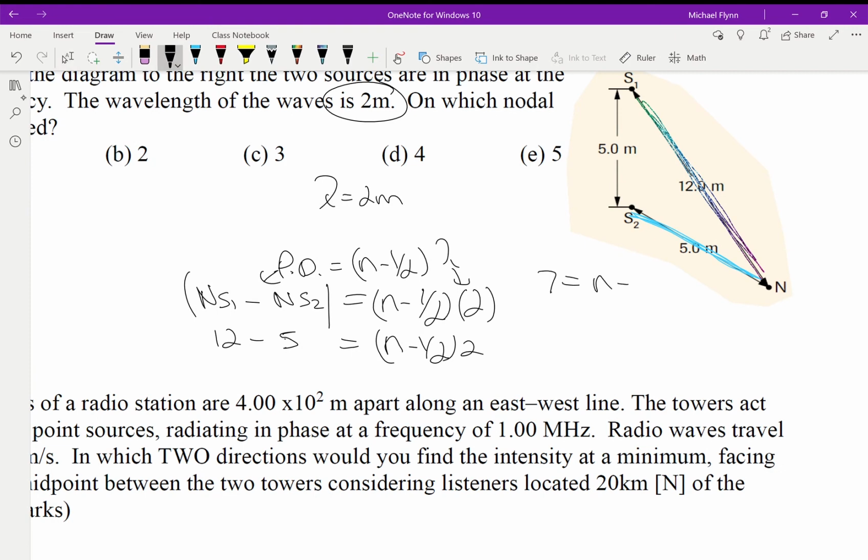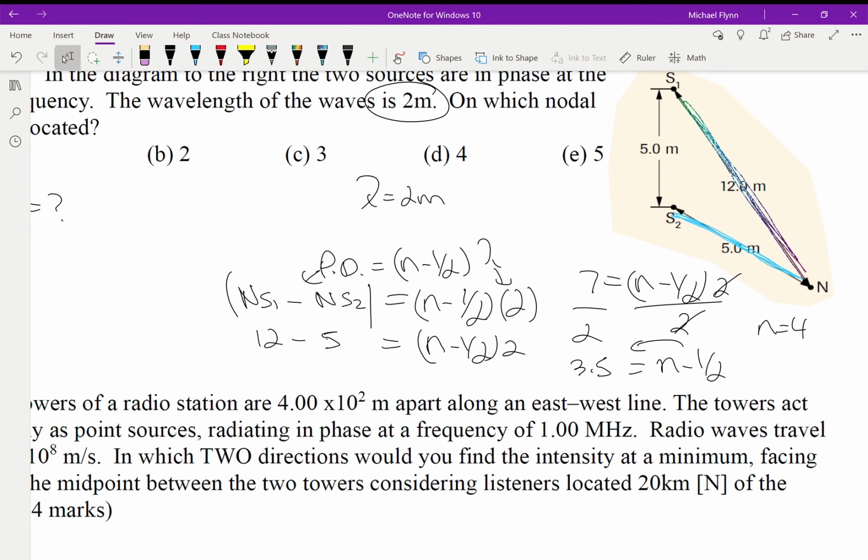And then I'll write n minus 1/2 times 2. Now I'm going to divide both sides by 2 and solve for n. So I get 3.5 equals n minus 1/2. Bring the 1/2 to the other side by adding a half. So 3.5 plus a half is 4. So n, small n, is 4. So it is on the 4th nodal line.